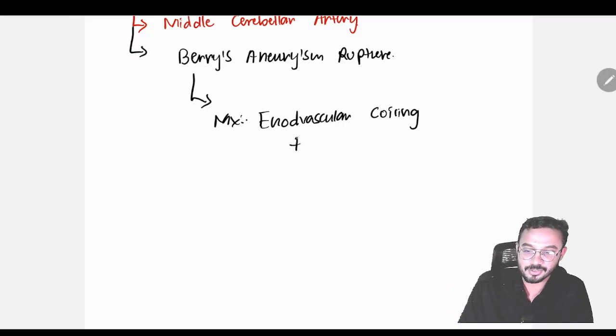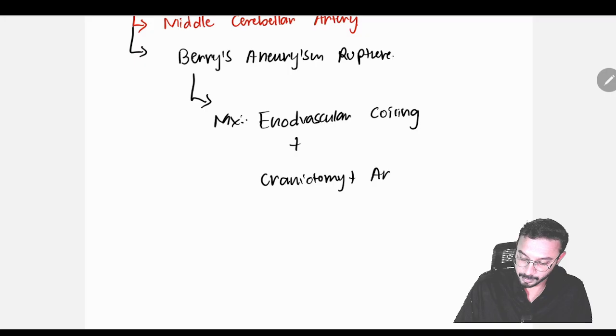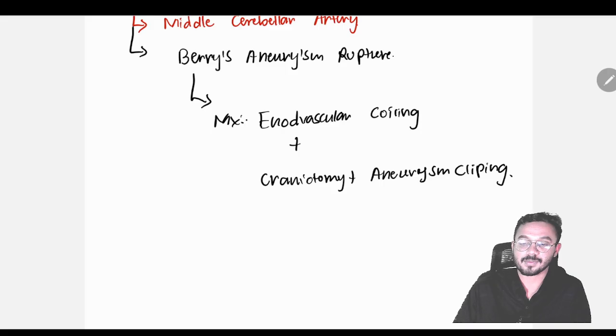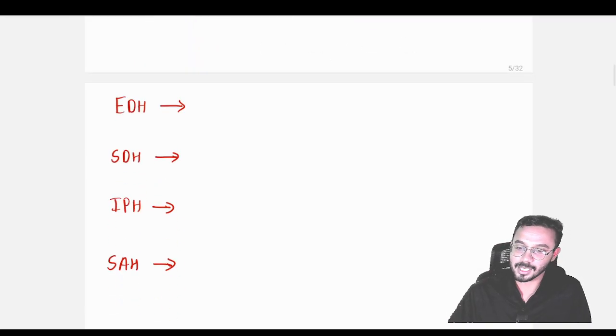And if the coiling fails, then you are going to perform craniotomy plus aneurysm clipping. Okay, and this is about management of SAH, subarachnoid hemorrhage. These are all very important, so I have explained it clearly, and in one line I will teach you.